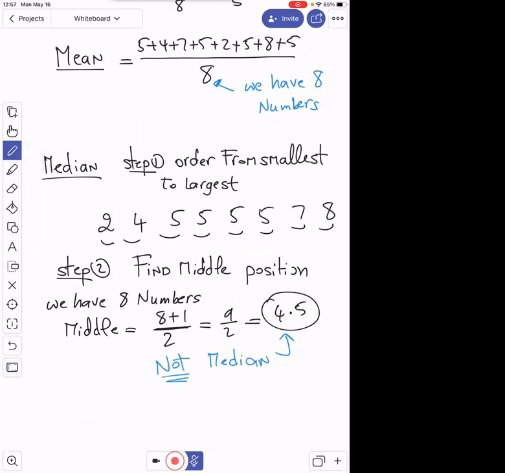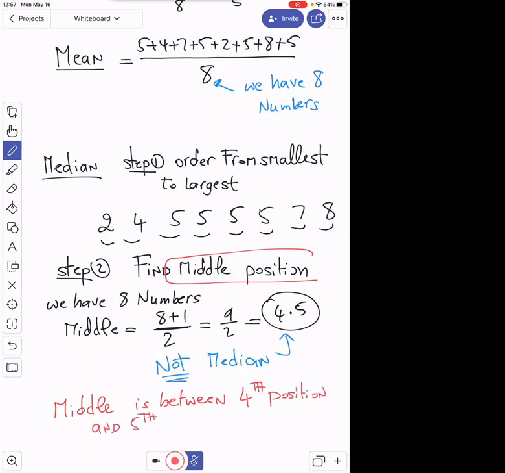It says 4.5, which means that the middle is between the 4th number and the 5th number, so between the 4th position and the 5th position.